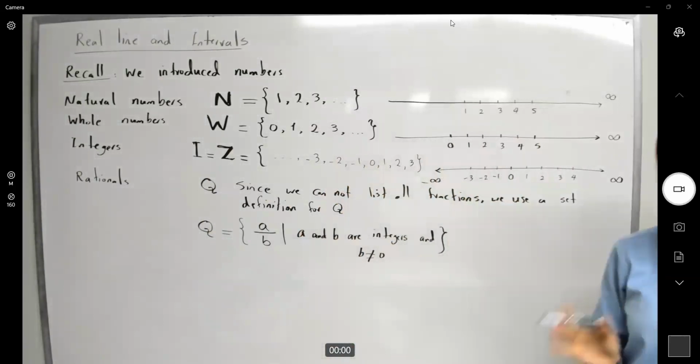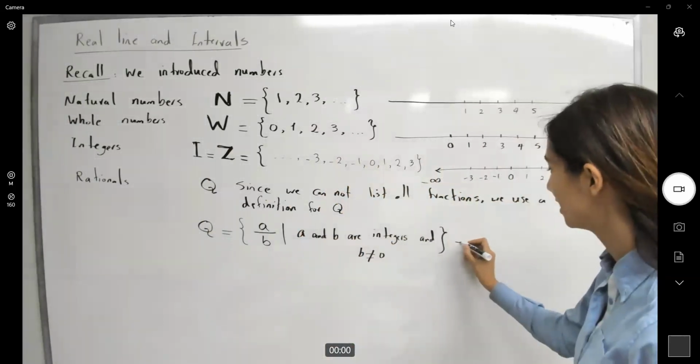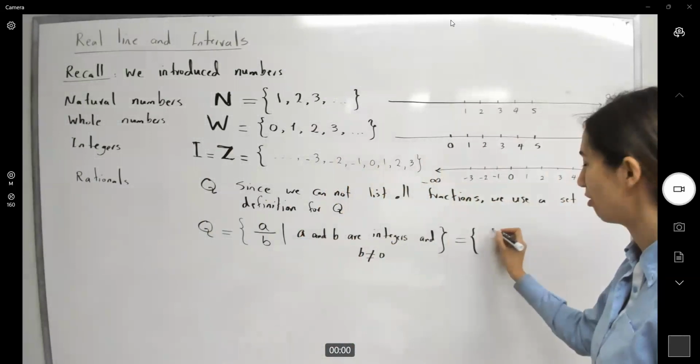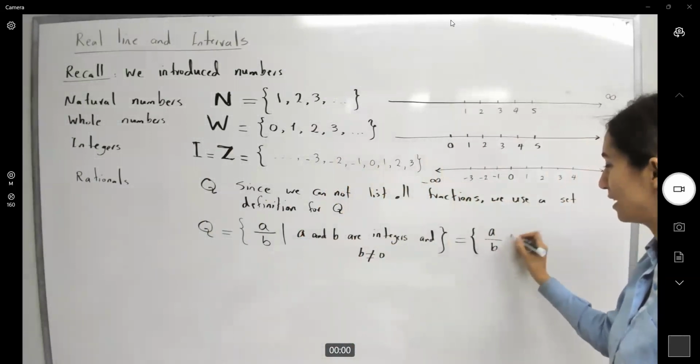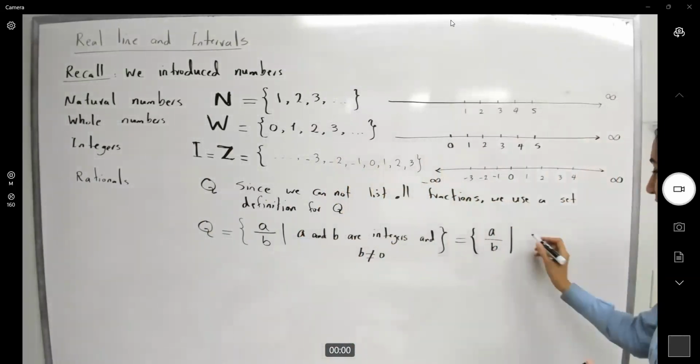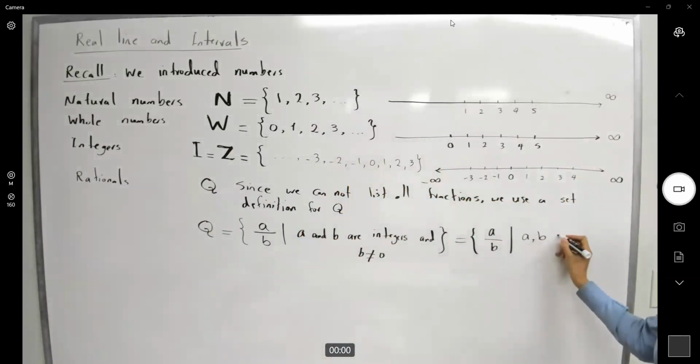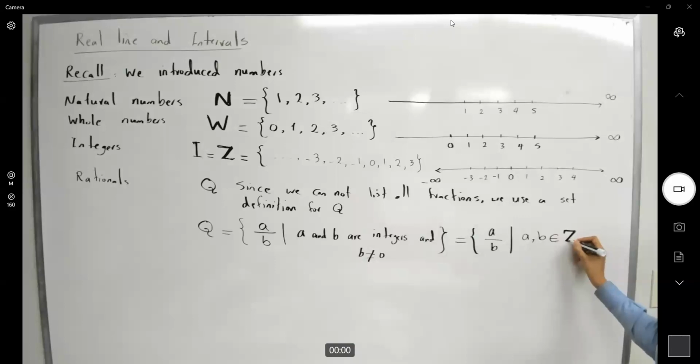Another form representing Q is the set of all fractions A over B, such that A and B belong to Z. This symbol that you see here is "belongs to," and B is not 0.